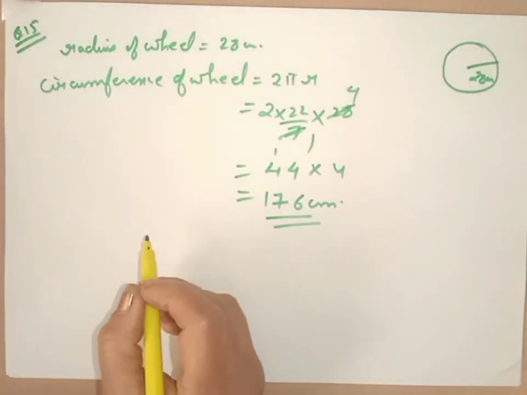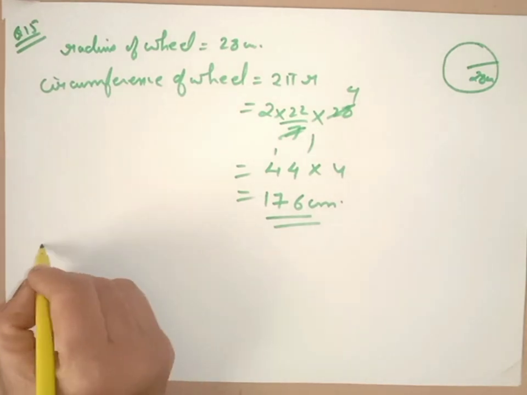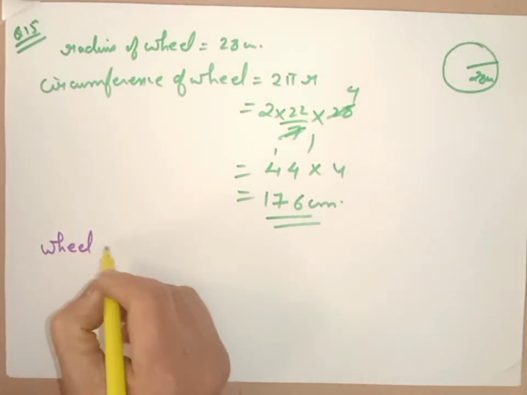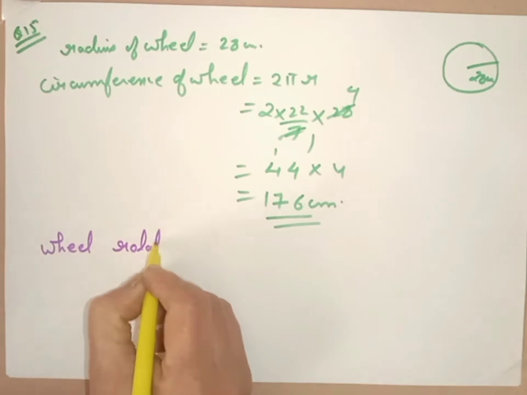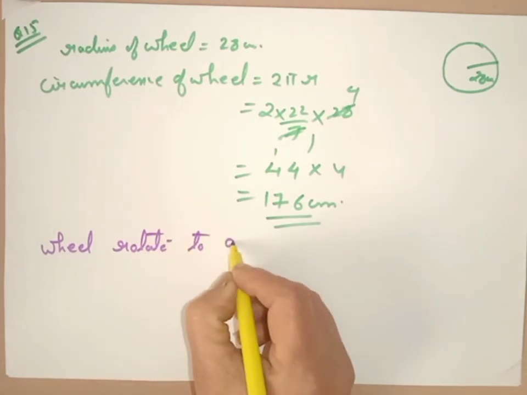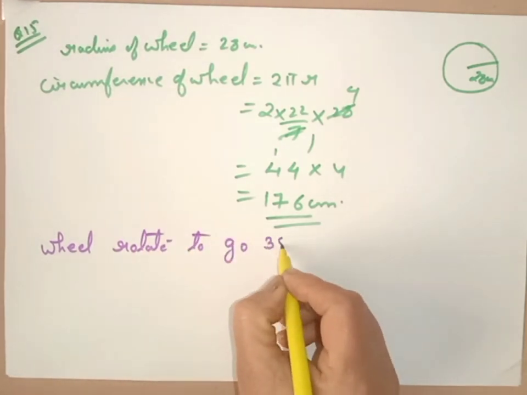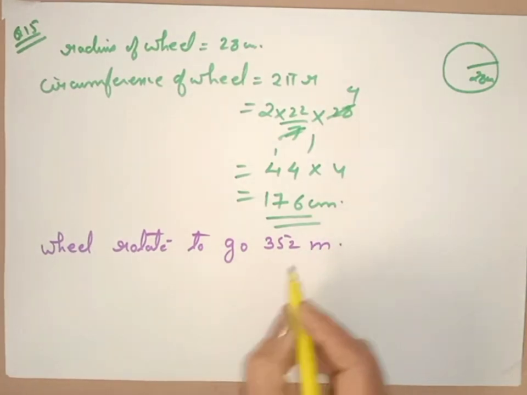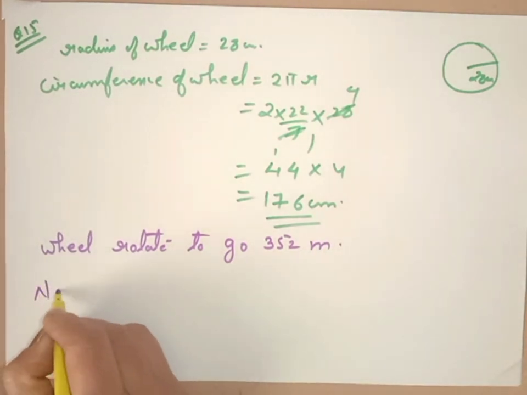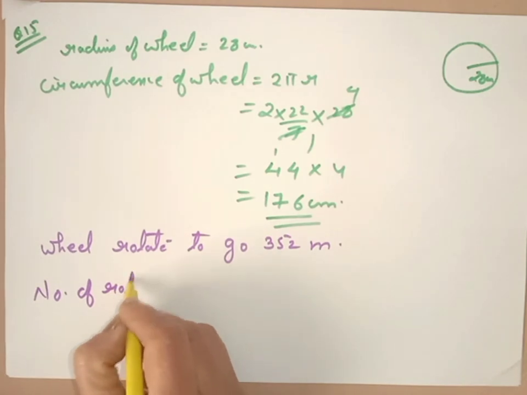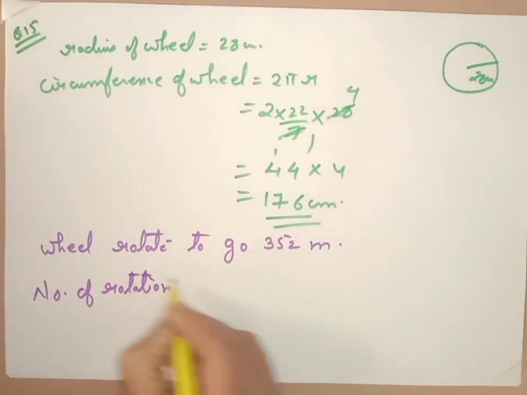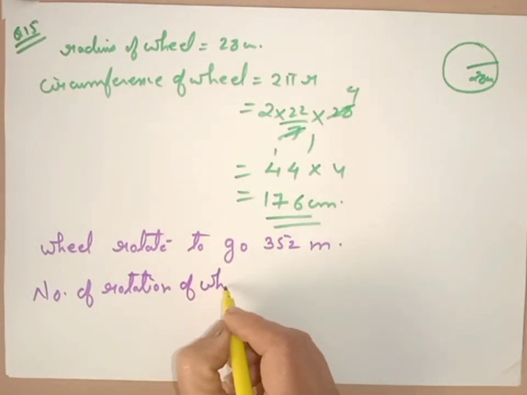Now they have given that the wheel rotates to go 352 meter, and we have to find the number of rotations of the wheel.